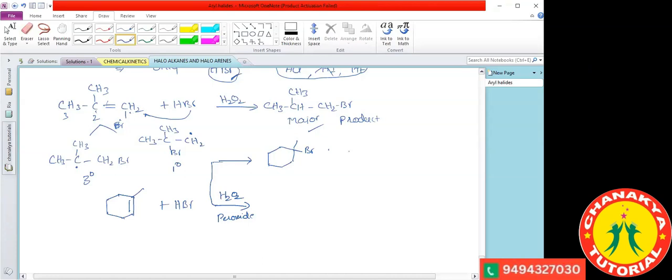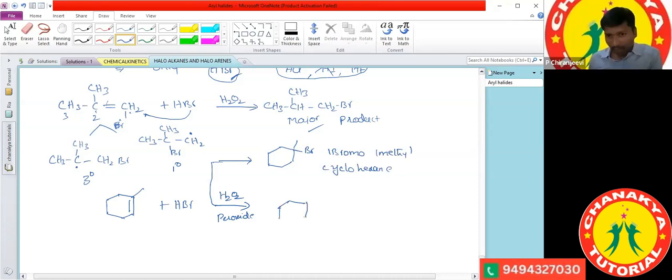The second one is 1-bromo-2-methylcyclohexane. Very good. So 1-bromo-2-methylcyclohexane. This is the structure.